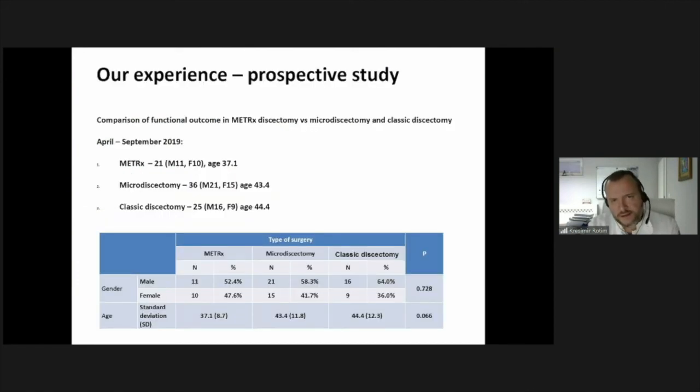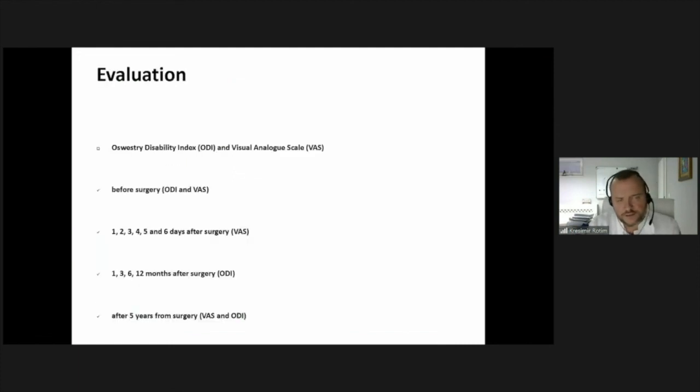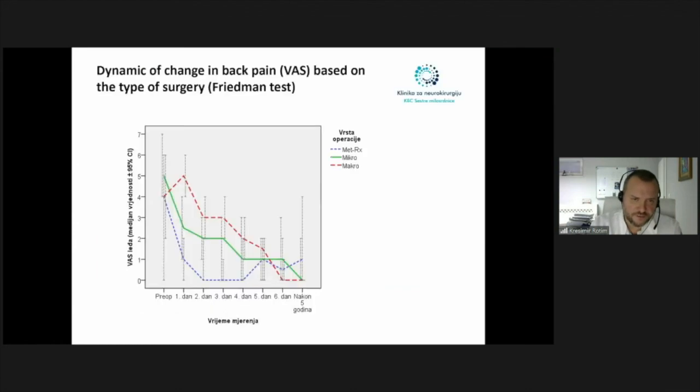So in our institution, we compared three techniques: the tubular discectomy, classic discectomy, and microdiscectomy in our patients. You can see that in each group there were around 20-25 patients. We compared and evaluated the ODI and the VAS scale before and after surgery, with follow-up even 5 years from surgery.